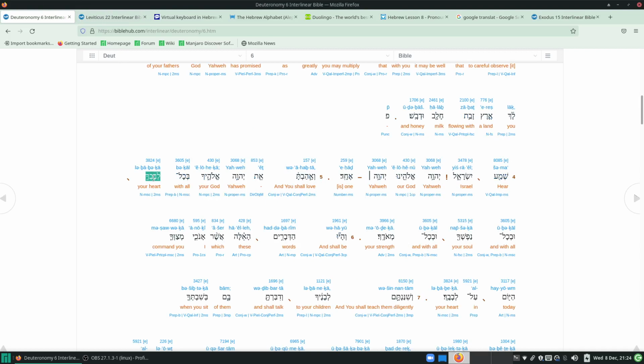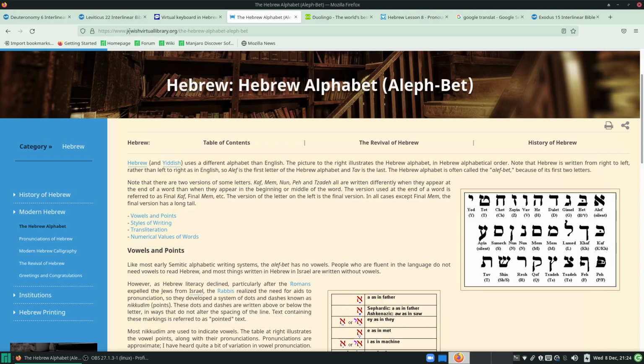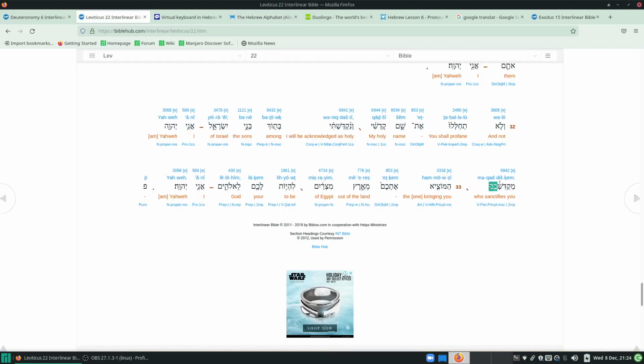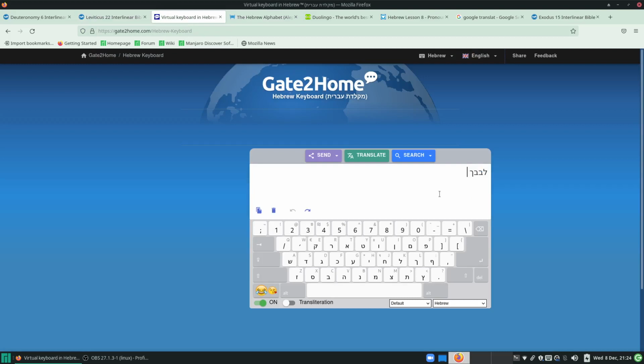Deuteronomy 6, Levavcha, so singular you. So let's type it out again. Levavcha, and so backspace, levav. So there's K, C, C, L. Okay, KCCL. And just take out the English thinking from your mind and try to think about Hebrew instead.